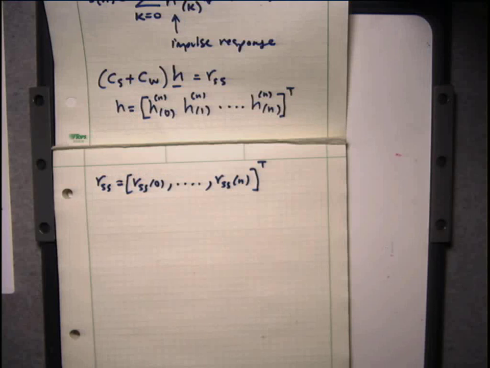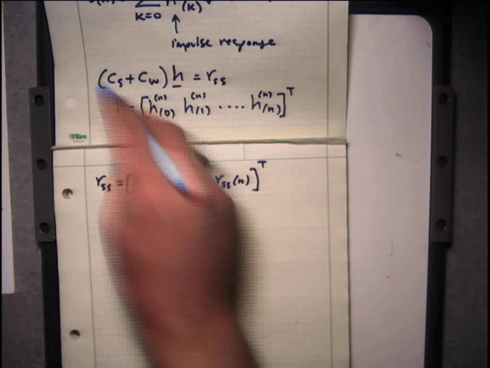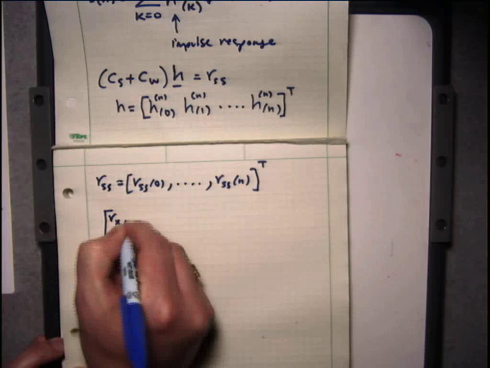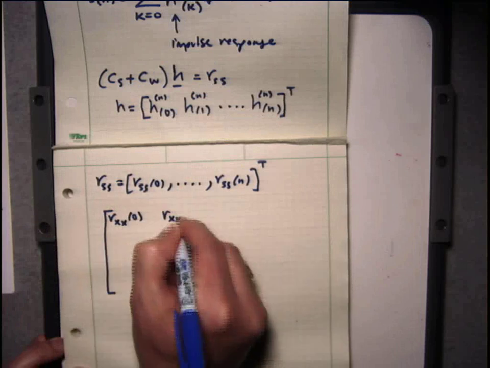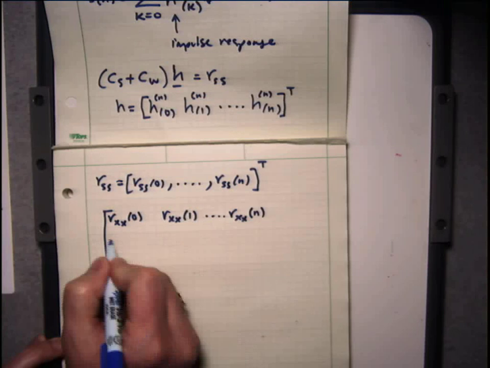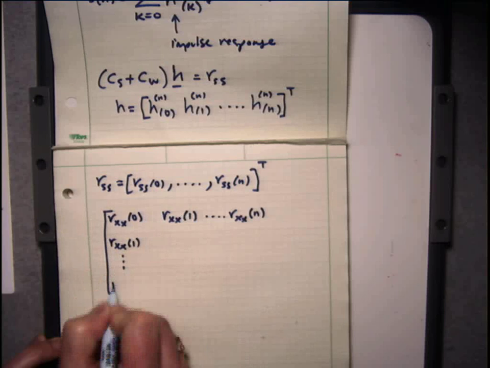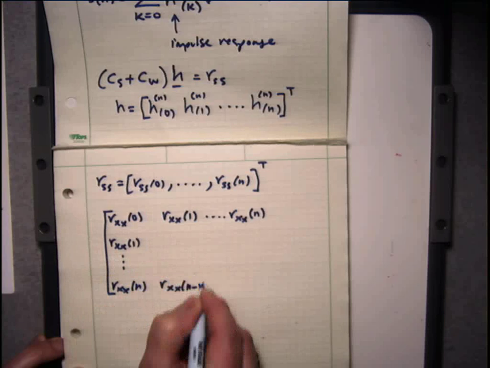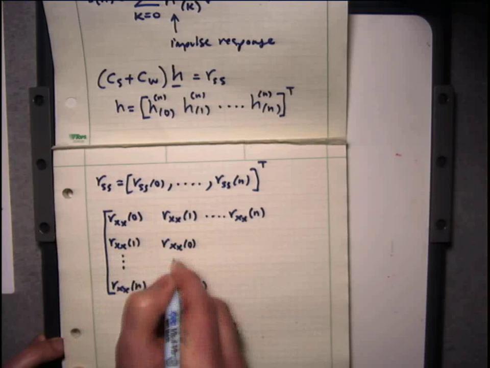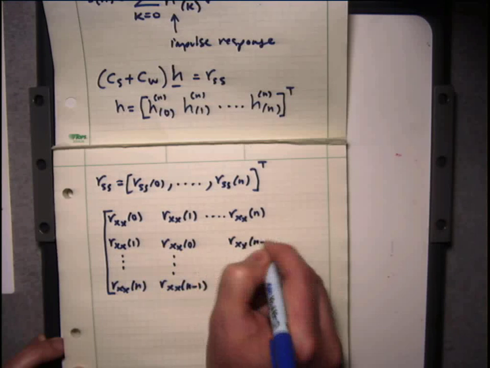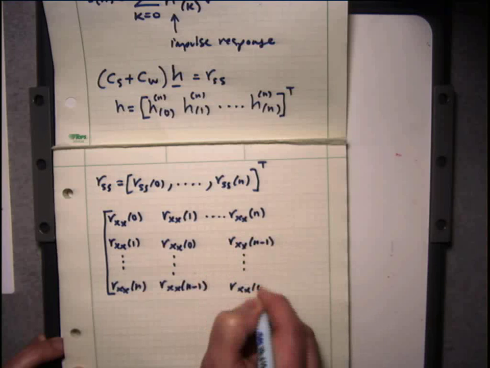Okay? So if you now take a look at these, if we set them up into this equation, what we have is RXX 0, RXX 1, RXX n, and then RXX 1, RXX n, RXX minus 1, and let's see, RXX minus 1, RXX 0.